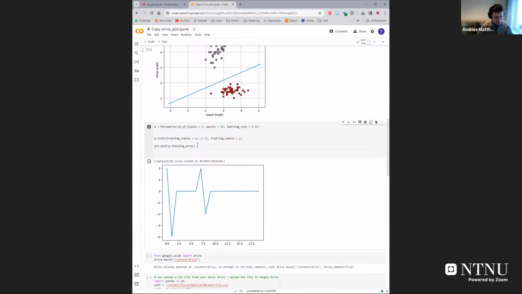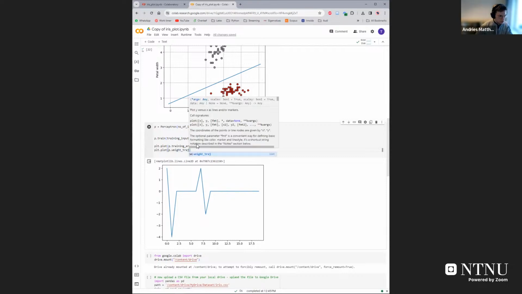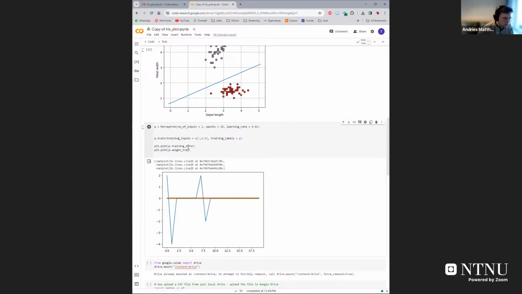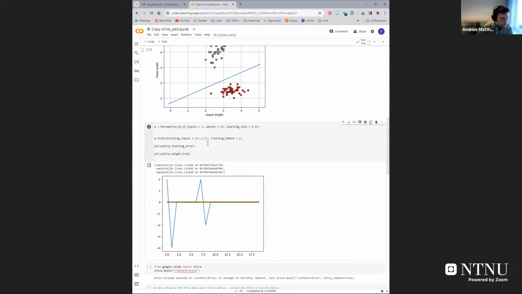Okay. Then we can also do the plot in P dot and then weight trajectory. Do you know if you can plot... I mean, right now it contains three values, I think, right? You should just try it and see what works. Okay. Doesn't like it.